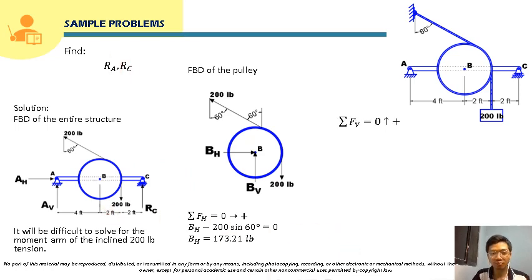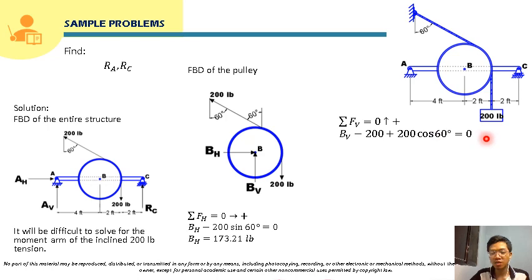We can also solve for BV. Summation of forces vertical: BV is upward, so it will be positive. The 200 pounds will be negative since it is downward, and the vertical component of the inclined 200-pound force is 200 cosine 60 degrees.